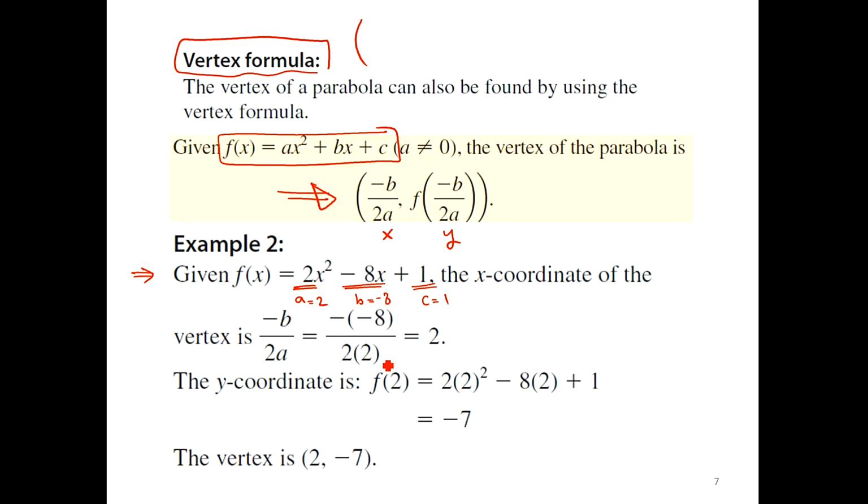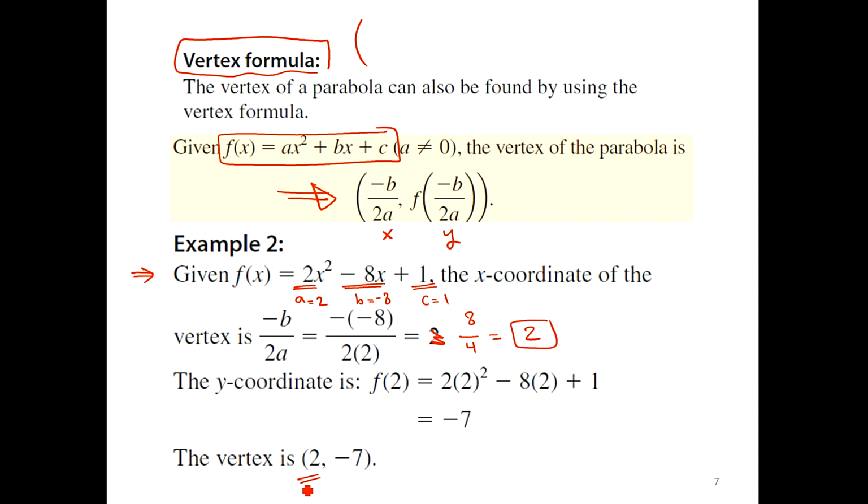So we have 2 multiplied by 2. In the numerator, we have negative 8, in the denominator, 4. 8 over 4 is equal to what? This is equal to 2.